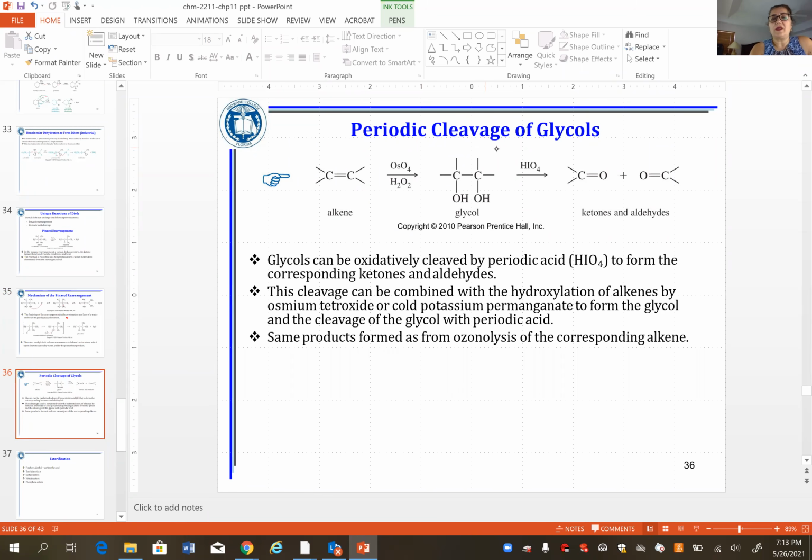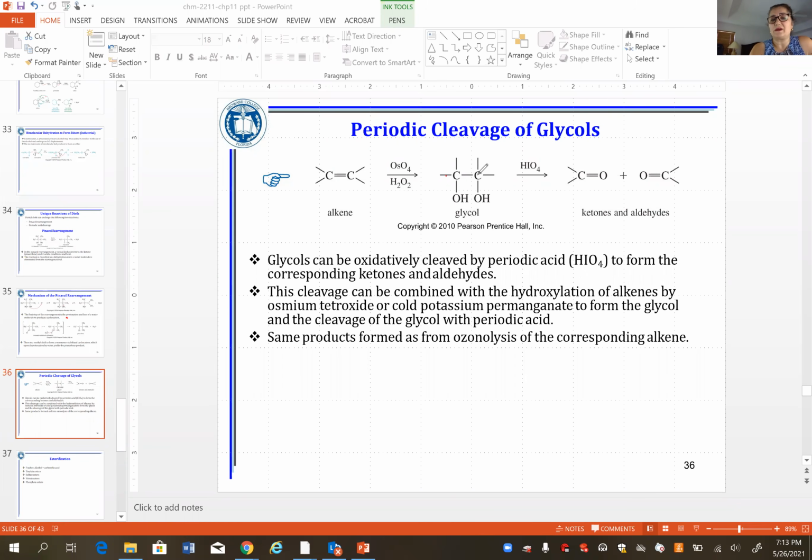Periodic cleavage of the glycol. What are glycols? Glycols are compounds with two OH groups attached, two alcohol functional groups, and glycols are basically vicinal diols.